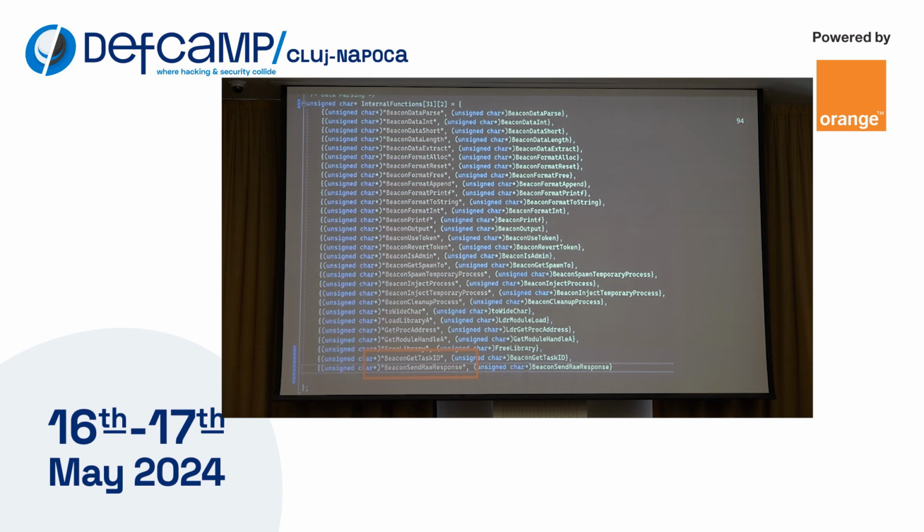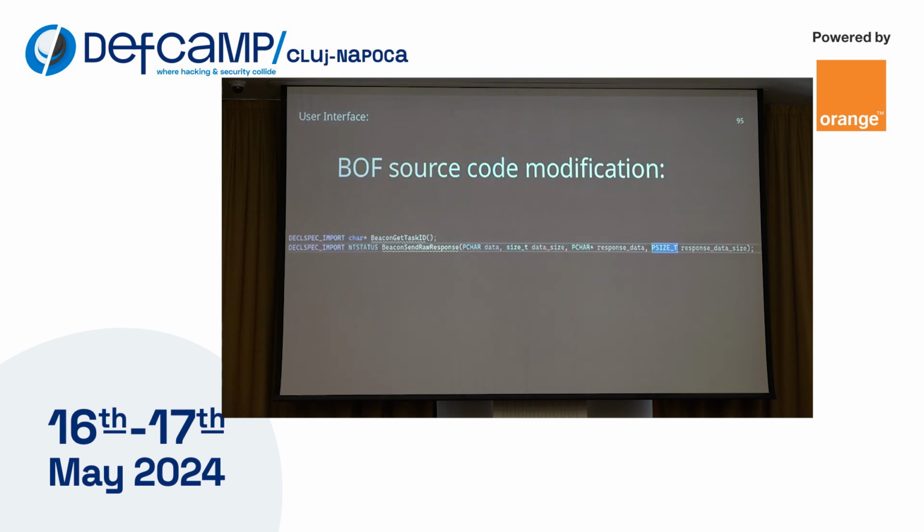It will just forward the response to the server using the transport. For example, if you are using HTTP, it will forward the whole answer over HTTP. In an object file, if you are creating your own, you need to add the same thing, just declaring that these are imported functions.